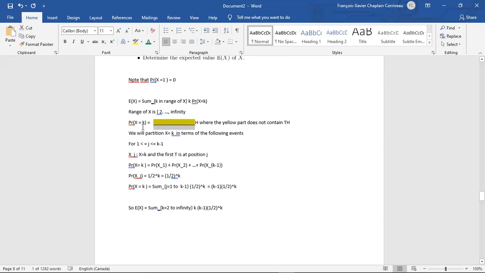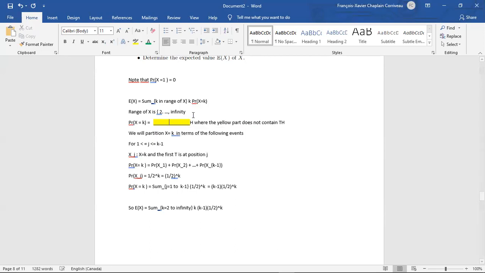So to compute this probability, we're partitioning this probability into several subcases. So I'm looking at the position of my first tail. And now I'm thinking, okay, so x equals k is true, and the position of my first tail is at position j.